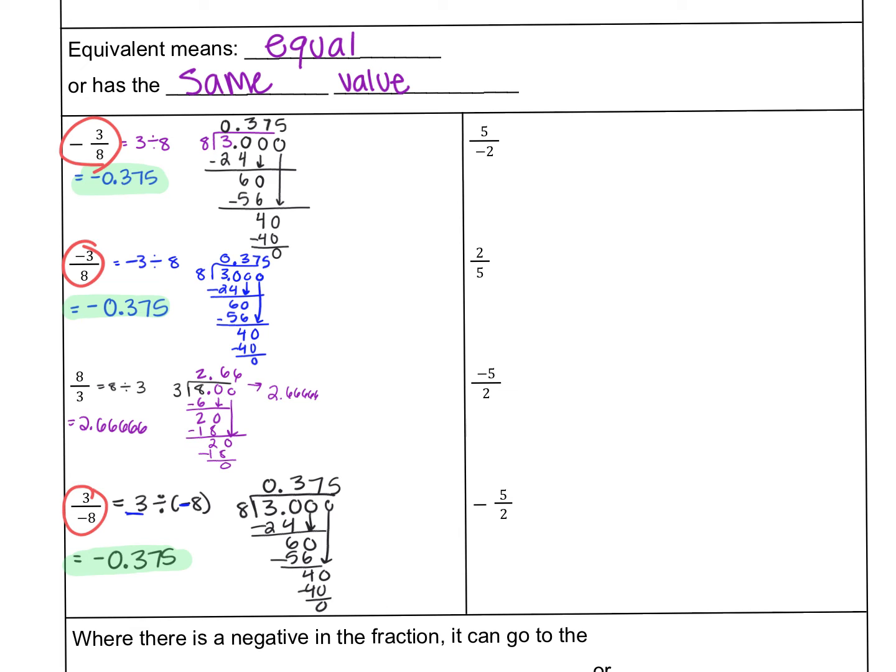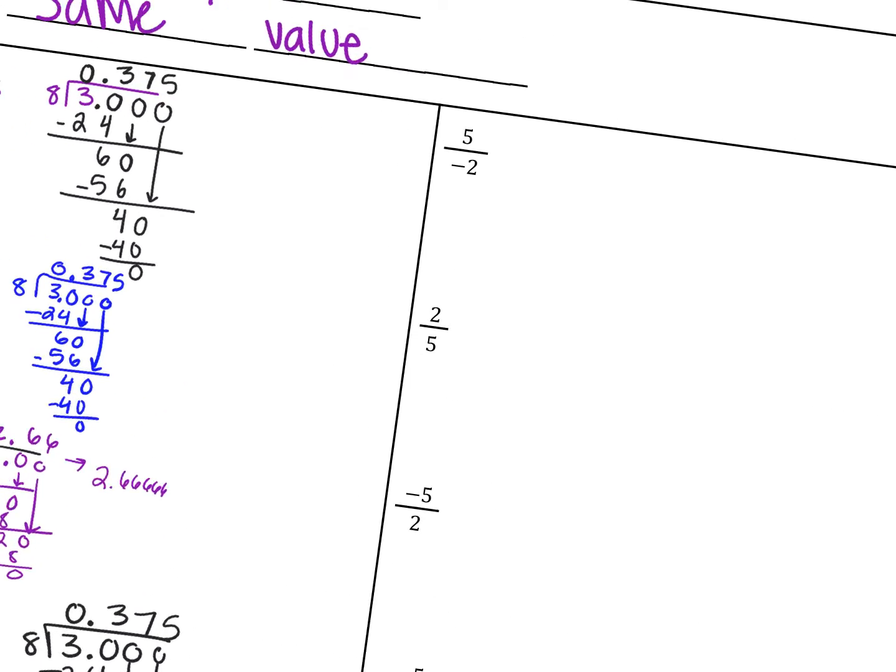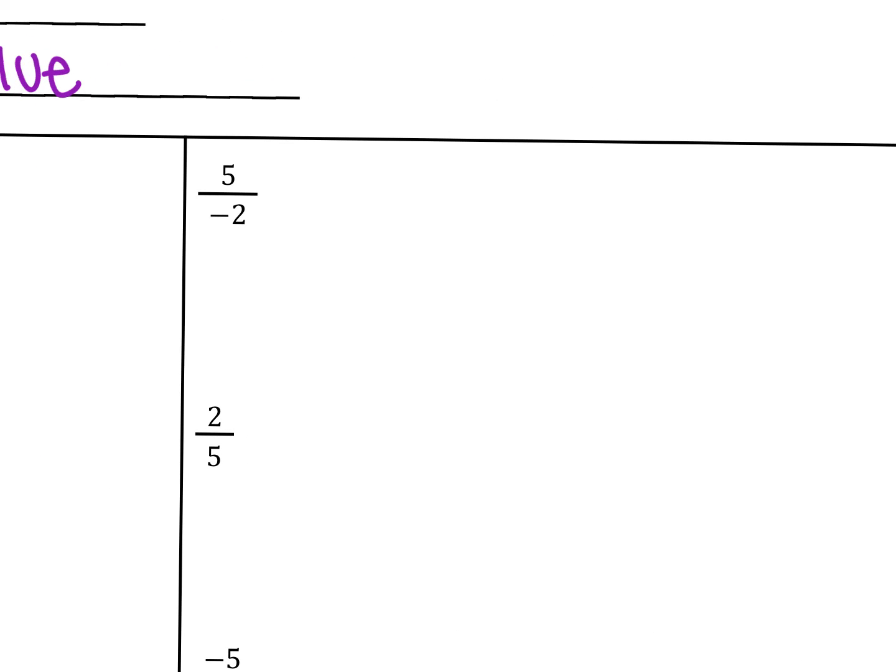All right, so we should have tried it on our own. Okay, so 5 over negative 2 means 5 divided by negative 2. 5 goes inside the division, 2 goes on the outside. 2 goes into 5 2 times. 2 times 2 is 4.